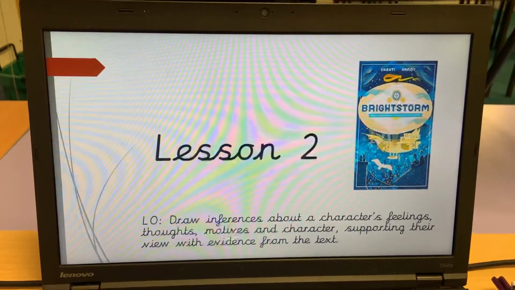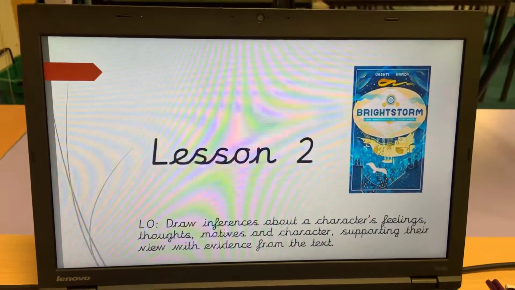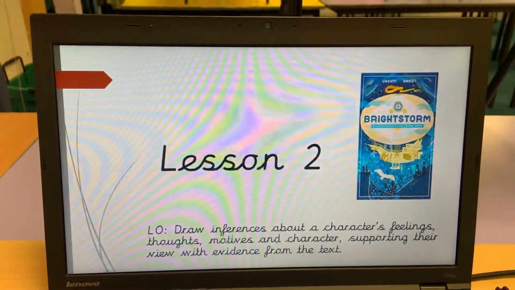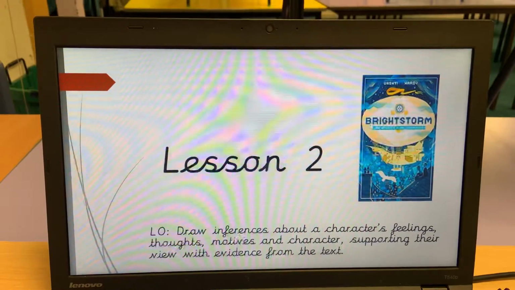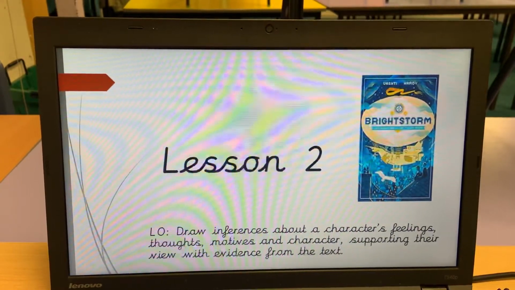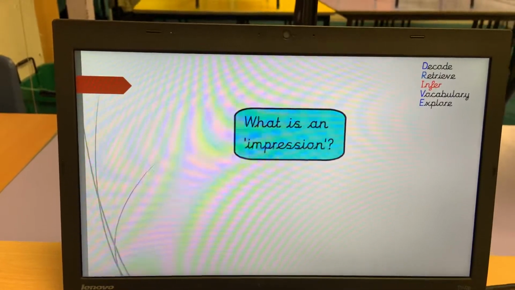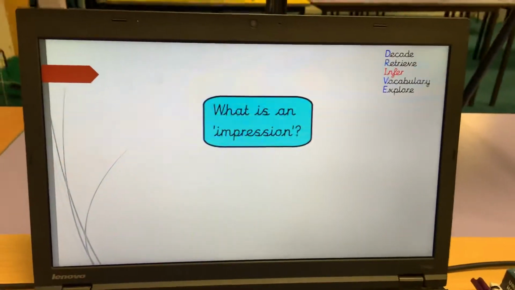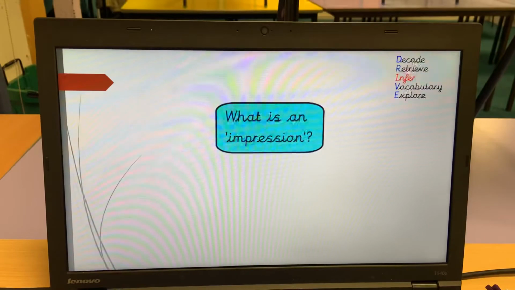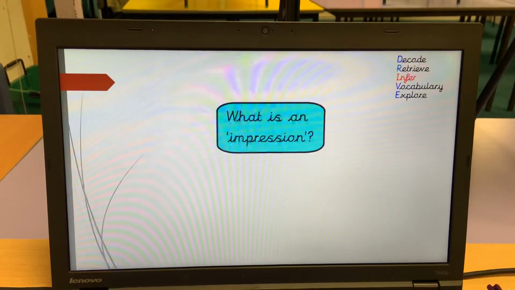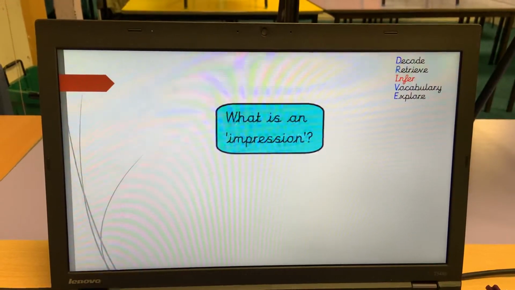What I would then like you to consider is what is meant by inference. So our reading skill this week of inference, what is it? How do you do it? Okay, so first of all, hopefully you have thought about inference as a skill. Inference and inferring is when you are a detective.